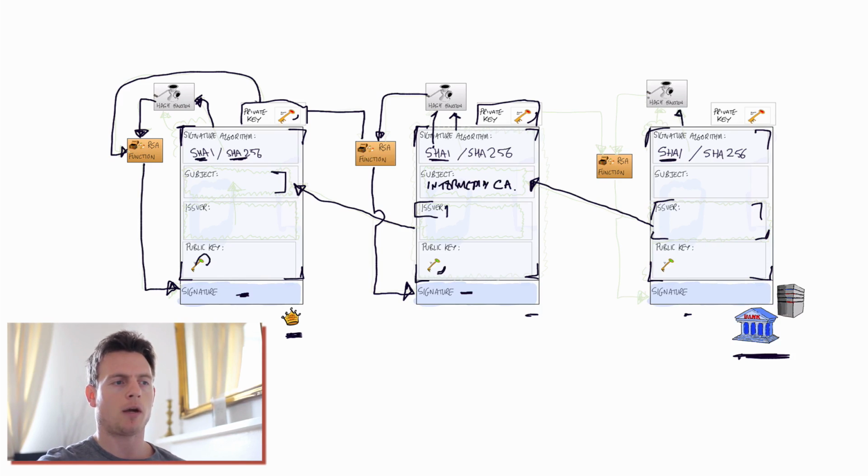It's going to go through the RSA encryption algorithm, and once again, it's going to be encrypted using the private key of the parent certificate. Right? Hopefully, this is all a little bit clearer by now, and that becomes the signature for the end user certificate, for the HSBC certificate.